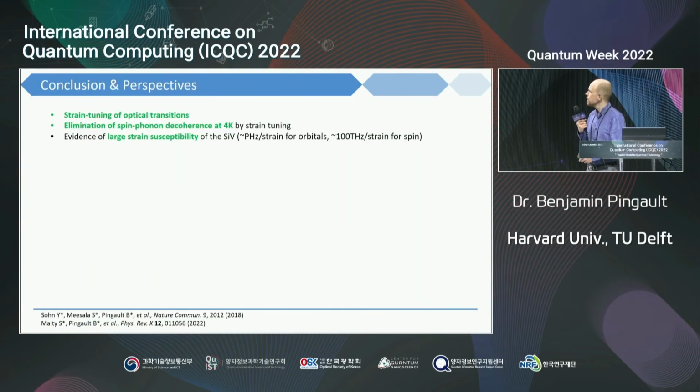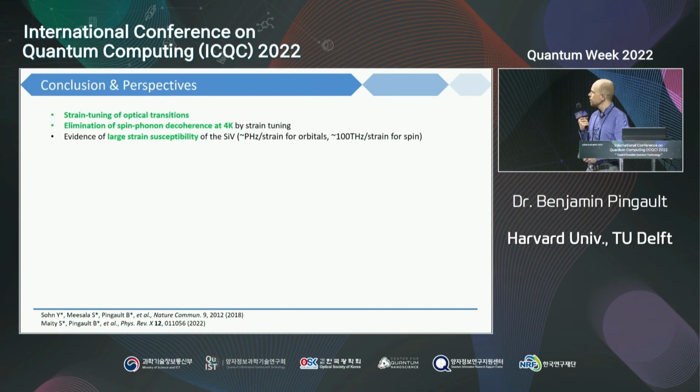So to conclude, we've shown that we could strain tune the optical transitions of the SiV, which is important if you want to optically interface several of them in a quantum network. We eliminated the dominant source of dephasing at 4 Kelvin, which is phonon-induced decoherence.